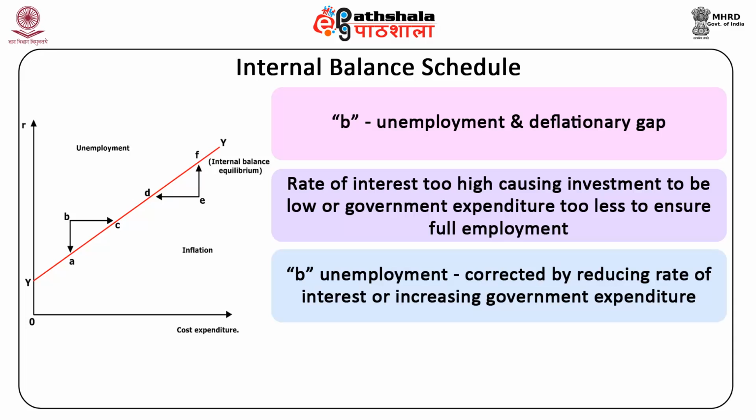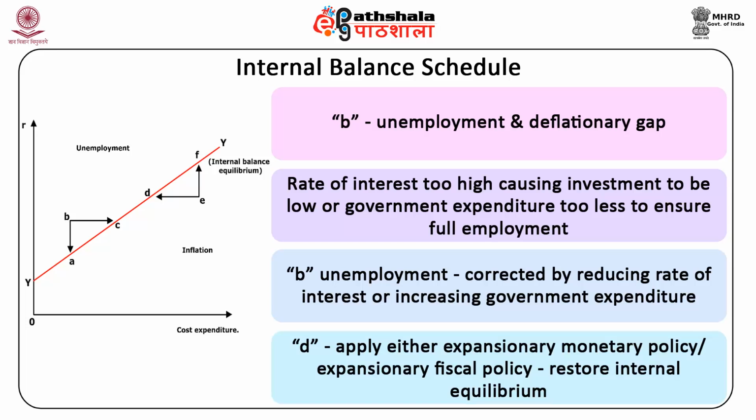At point B, there is unemployment which will be corrected by reducing the rate of interest or by increasing government expenditure. So, if we are at point B, we need to apply either an expansionary monetary policy or expansionary fiscal policy to restore the internal equilibrium.